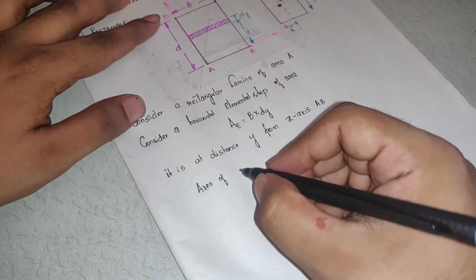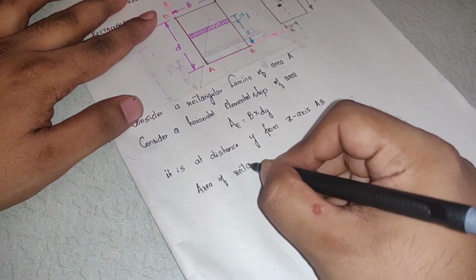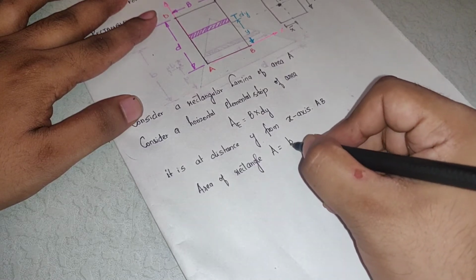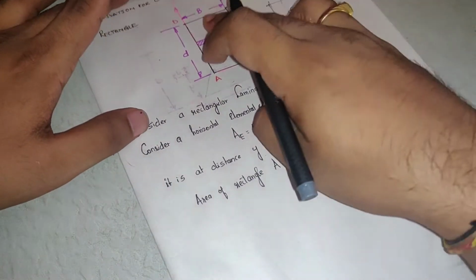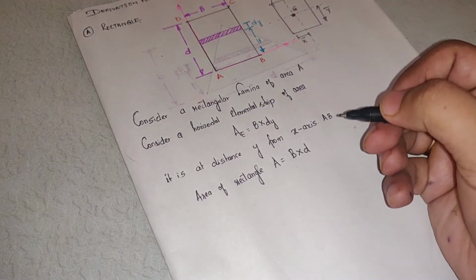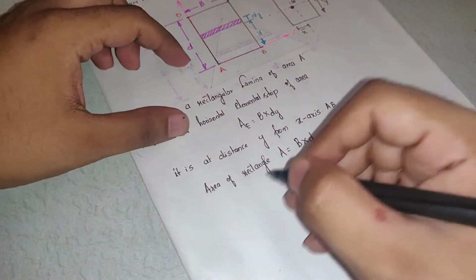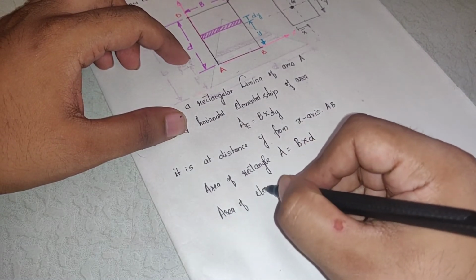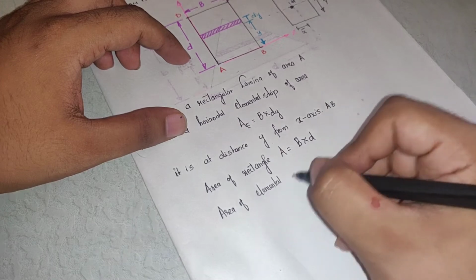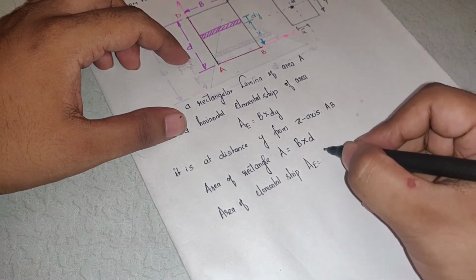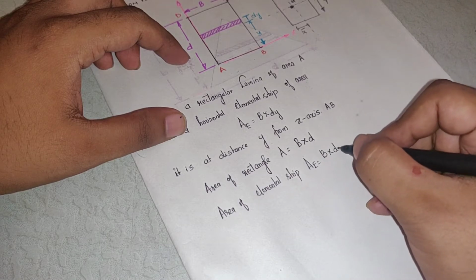The area of the rectangle is capital A, which is B into D. What is the area of the elemental strip? I'll call that A suffix E, which is B into dy.